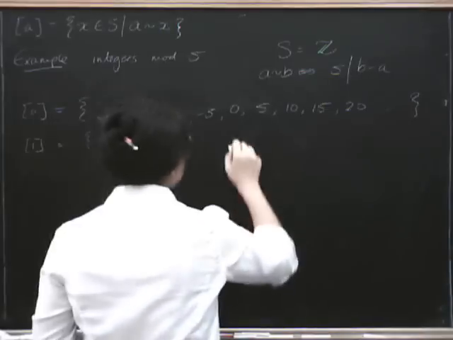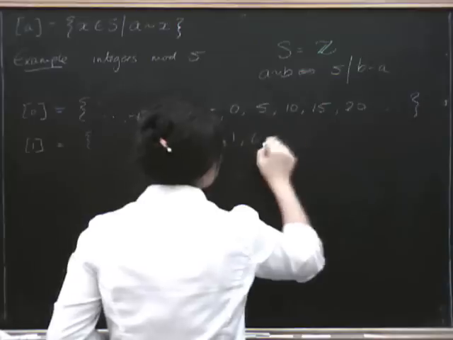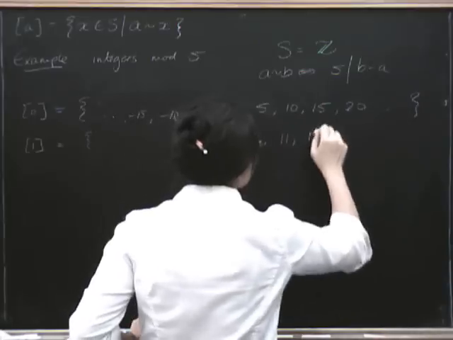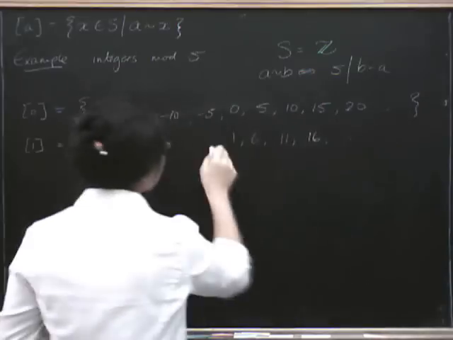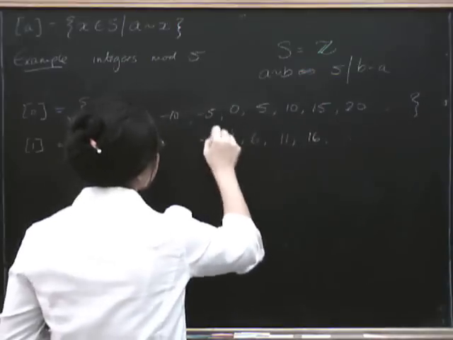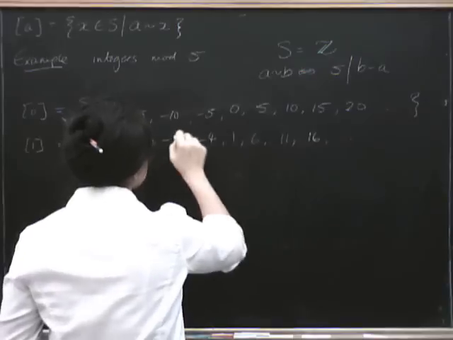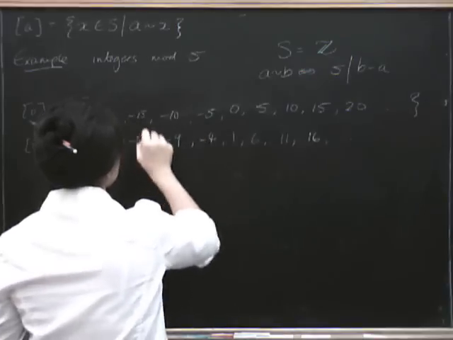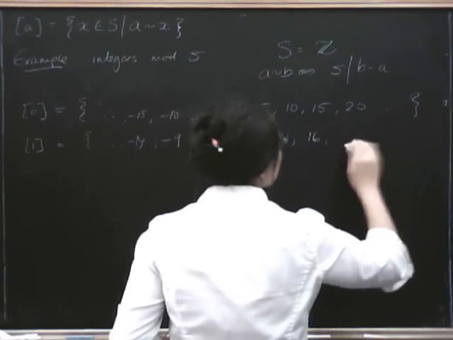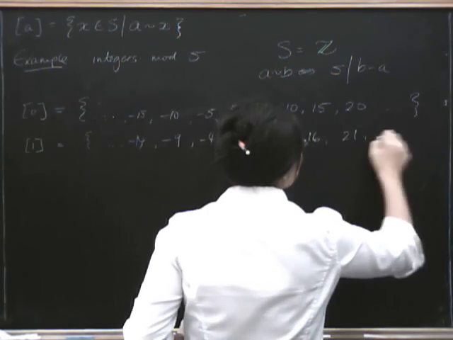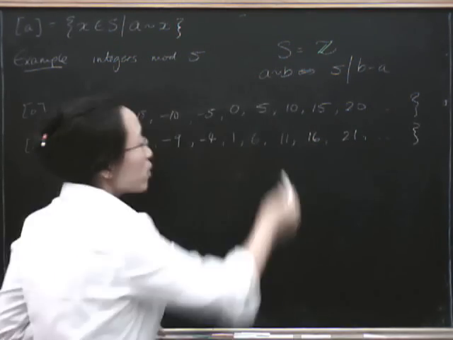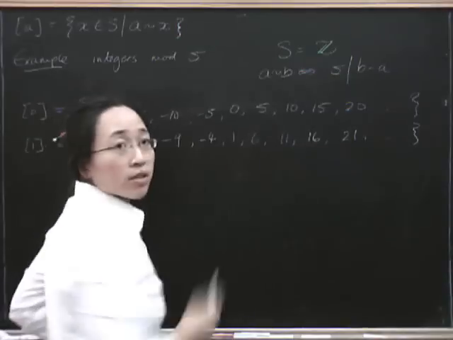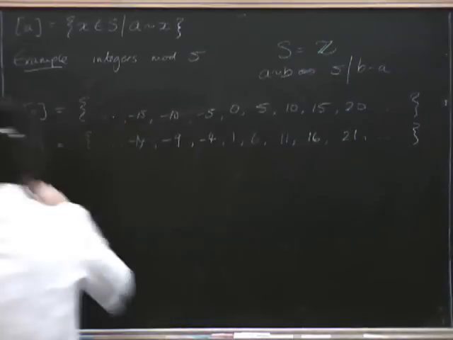Well, if we start with 1 in the middle again, we get 1, 6, 11, 16, and so on. And then in this direction we'll get minus 4, minus 9, minus 14, and so on. I suppose I should put in the 21 here. And you'll note that all of these numbers are just 1 bigger than all of those numbers.